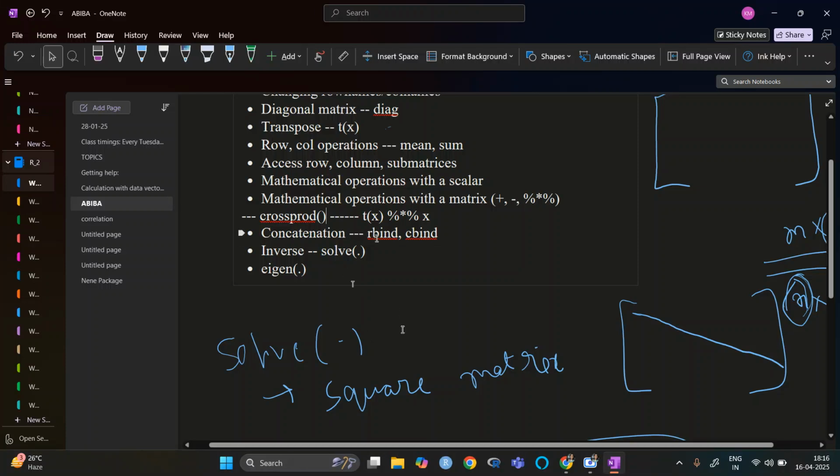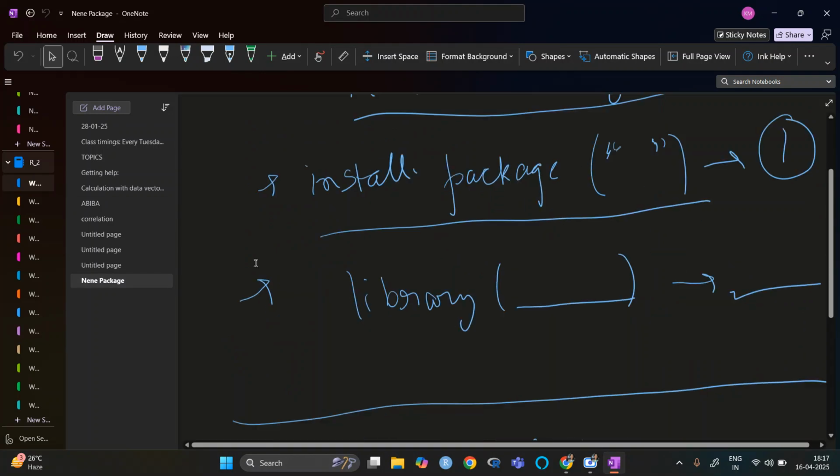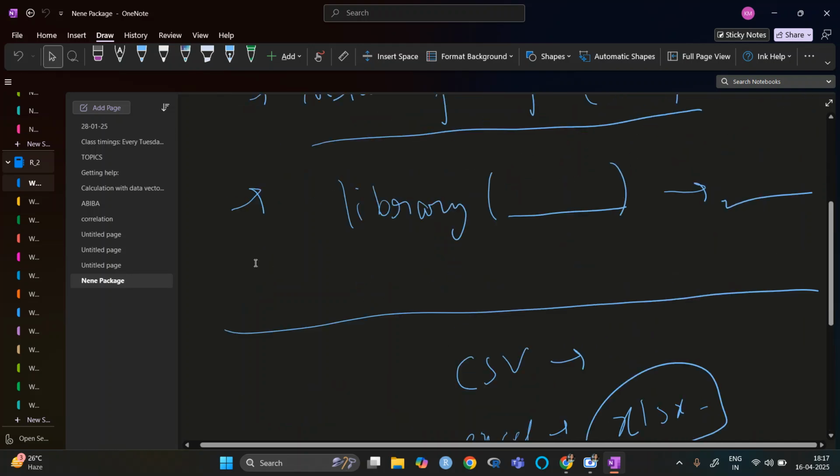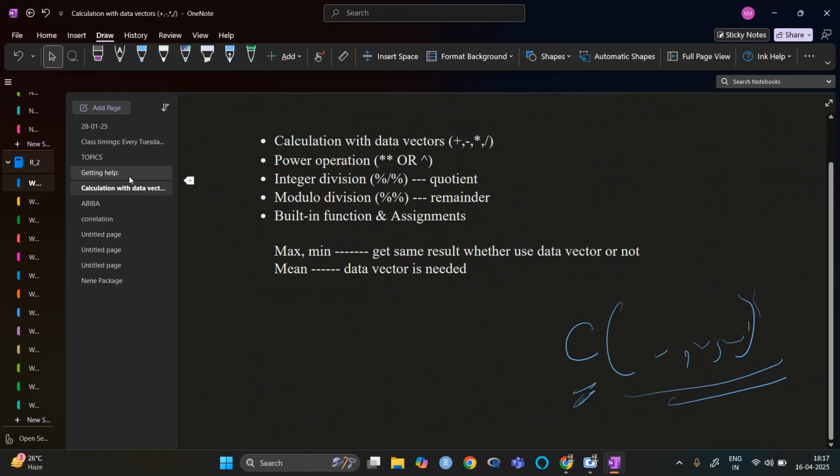Now in concatenation, the important thing you need to remember is that maybe there will be some questions based on that. Okay, so there are no questions for that.